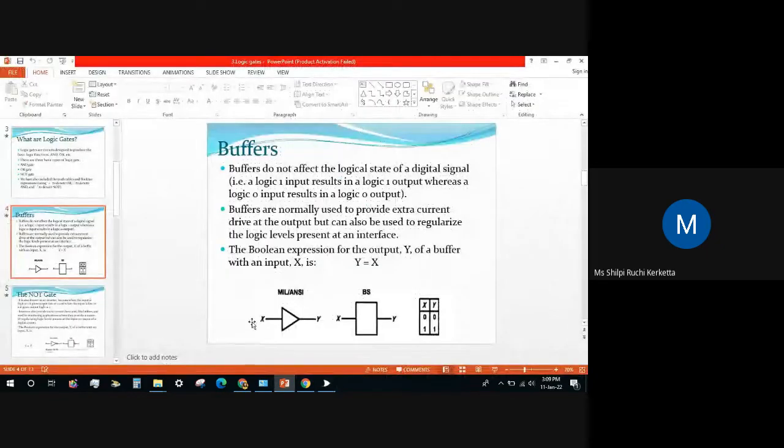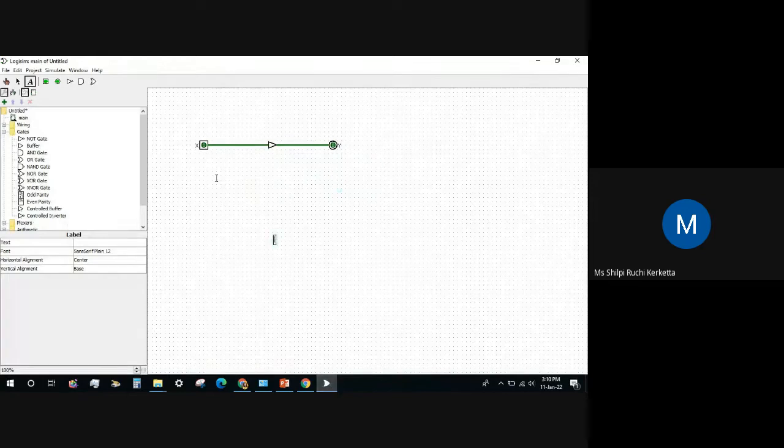Okay. So we have completed the circuit of input and output, and we will check the truth table. For input 0, we are getting an output of 0, and for input 1, we are getting an output of 1. If we click on this circuit, you won't get anything because this text tool is selected. That's why, to click on the input and output, we have to select this button.